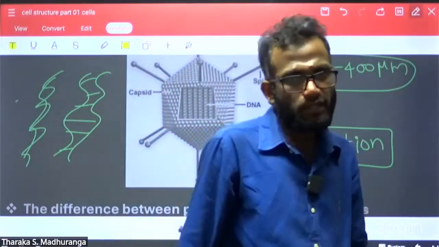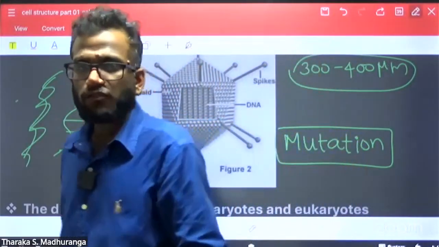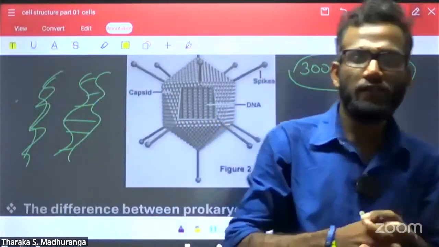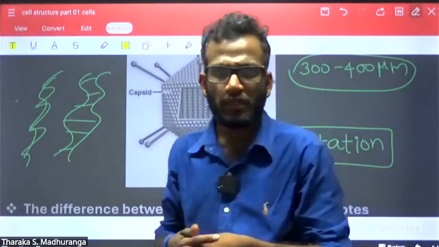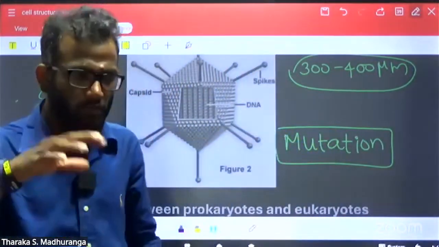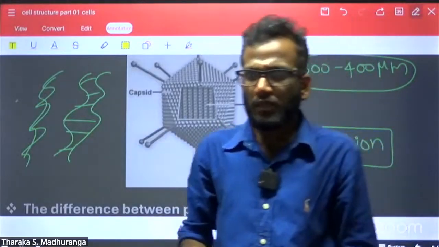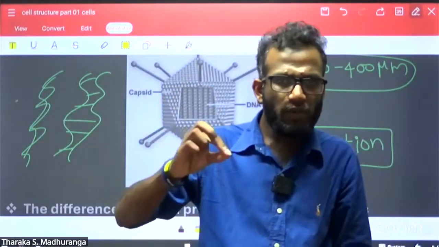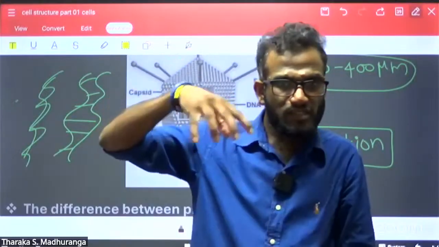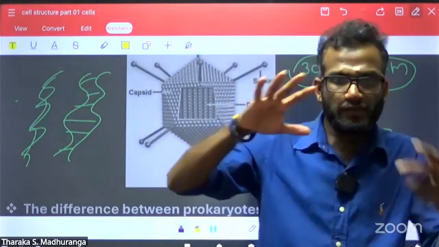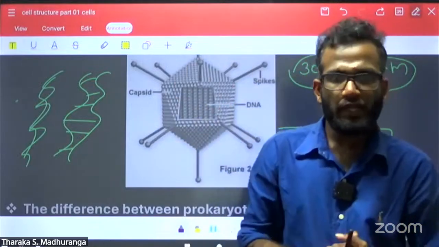Okay, that's all about the virus. The viruses are very harmful. These RNA viruses, their stability is very low. Therefore, a lot of mutation ability, and their size is very small. Their internal structure is only an RNA or DNA chain, encapsulated with a protein cover.